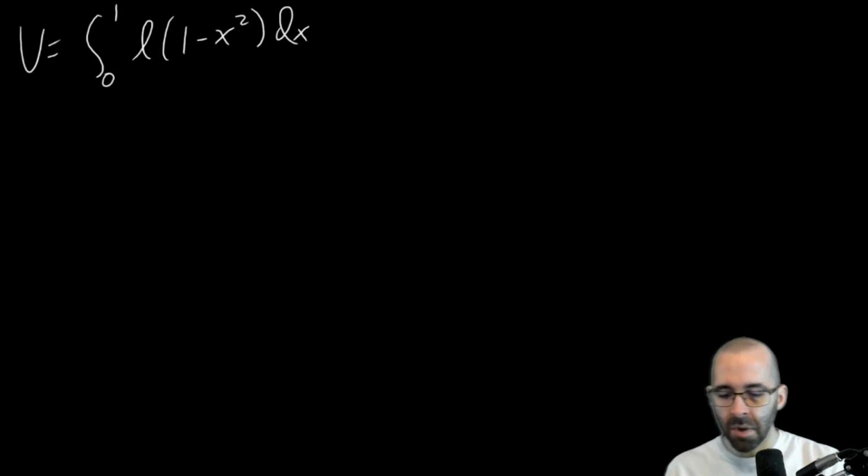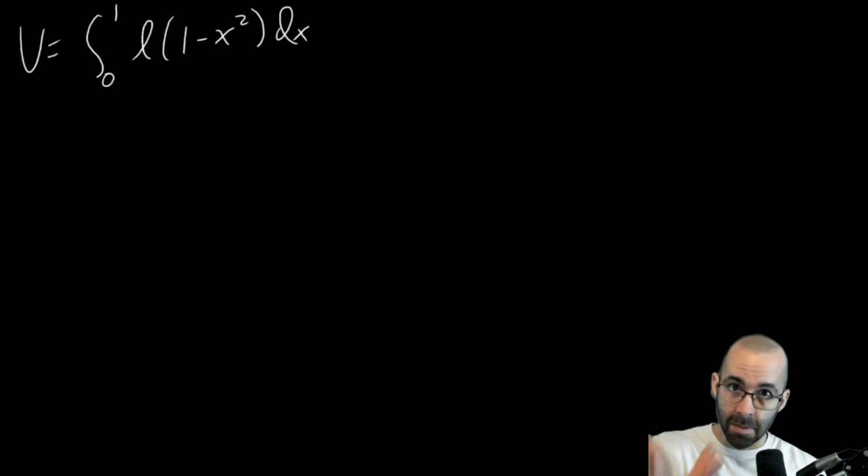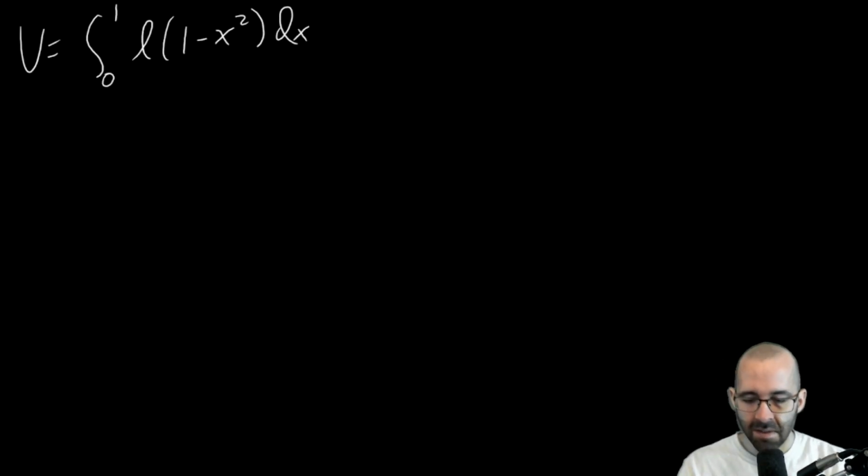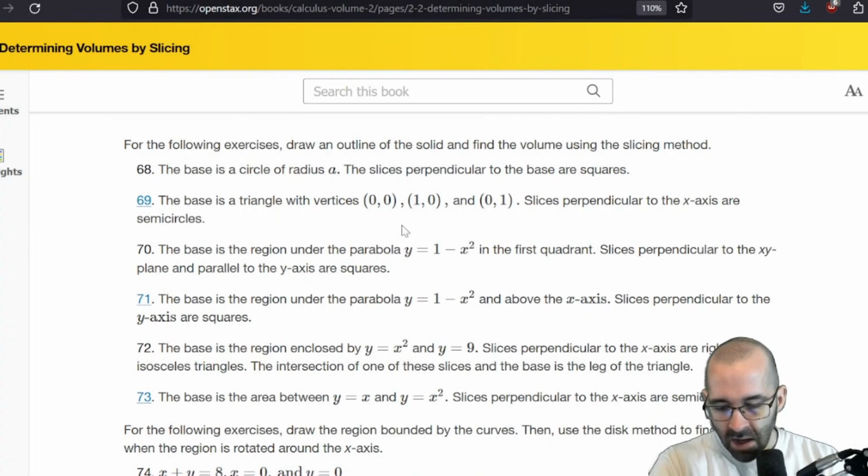I do want to do a quick pause here. It's great for you to pause this, continue on, and see if we get the same answer. Because this is almost the same as 71, right? The only difference is 71 is both first and second quadrant.